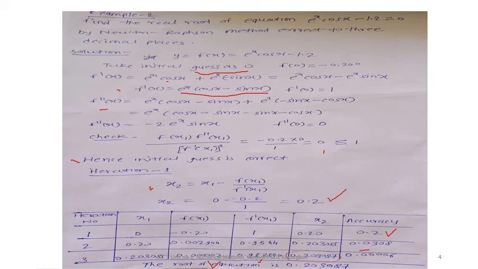Now if you check the accuracy, that is 0.203087 minus 0.203085, that is 0.00006, which is less than 0.001. So you can say that the required accuracy has been met, and you can declare that the root of the equation is 0.203087.